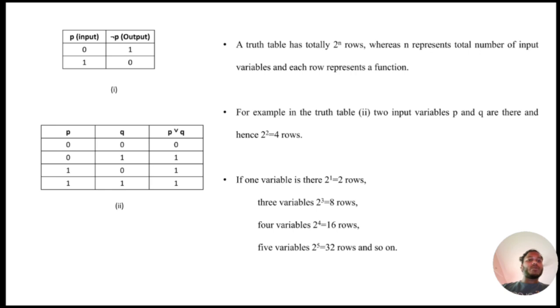For example, in this truth table with two inputs P and Q, there are 2 squared, equal to 4 rows. If one variable, then 2 power 1; 3 variables, 2 power 3; 4 variables, 2 power 4; 5 variables, 2 power 5, and so on.